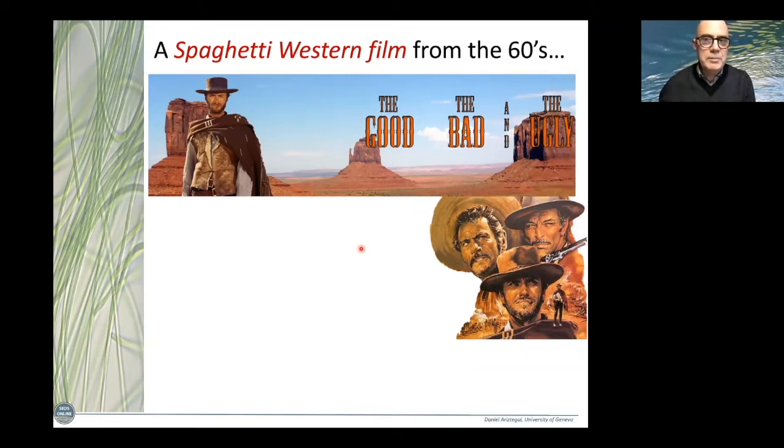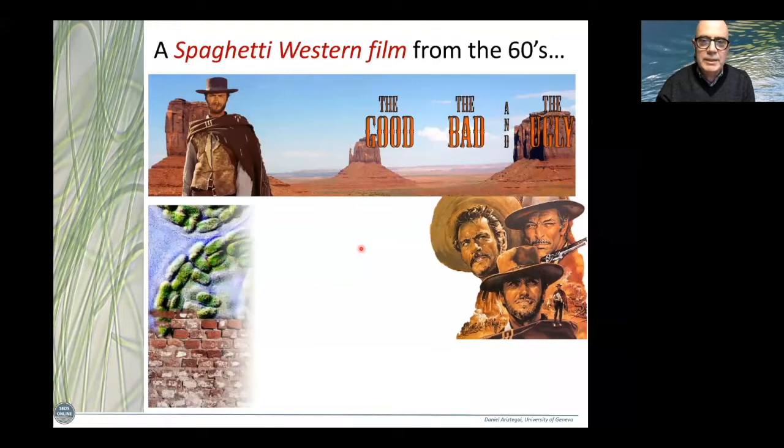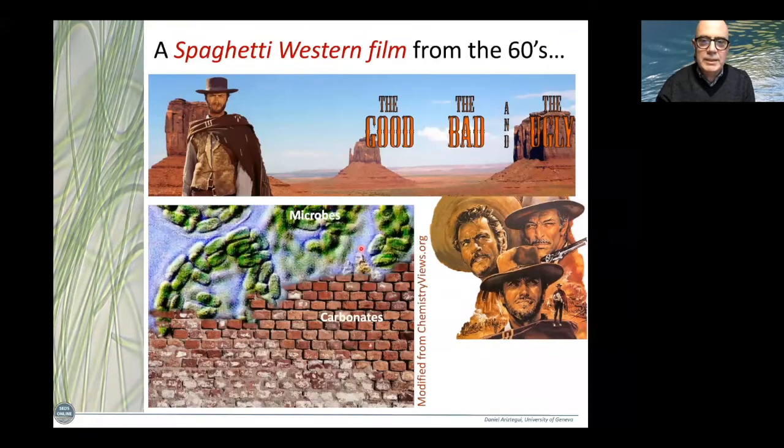Don't worry, I will not be talking about the movie, but I want to relate that to something that you see in this very nice sketch that shows our carbonate wall and the interaction with microbes. If you look in detail at the boundary between these two things, you see that there are some areas in which our microbes are building the wall.